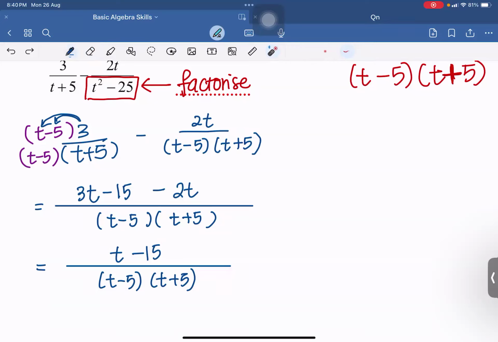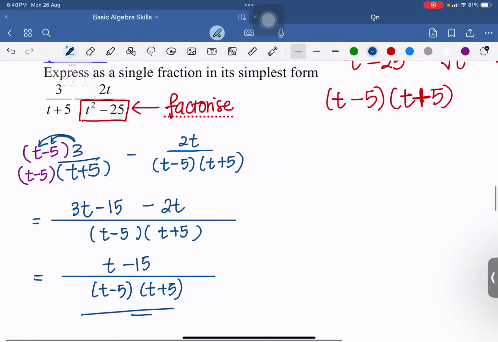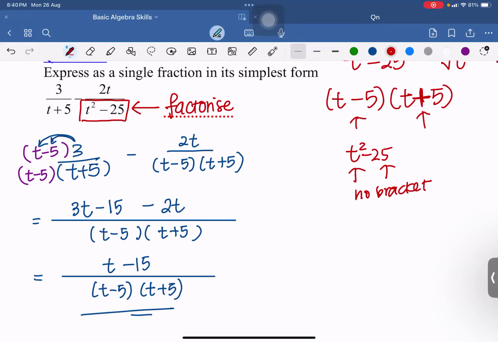So nothing to cancel, this is already the final answer. So you notice, this one that I'm doing down here has t square minus 25, no brackets, and then it's square. So when there's no bracket, there are 2 different signs.